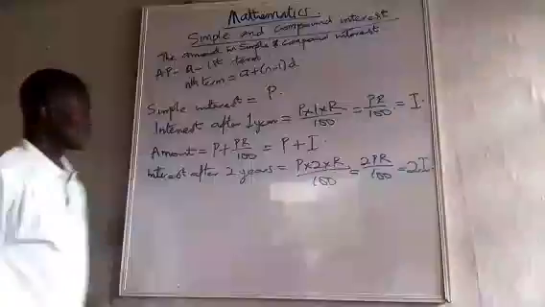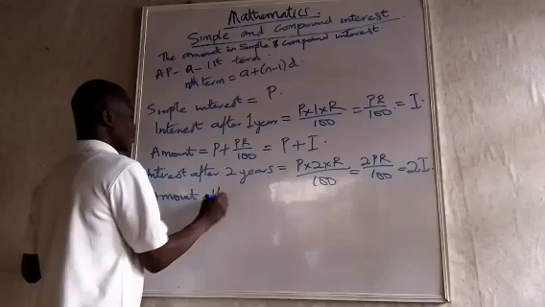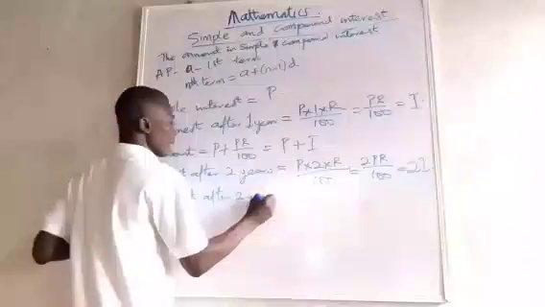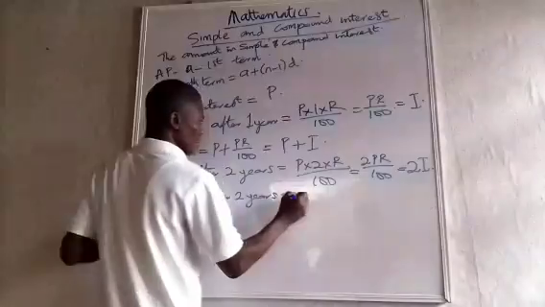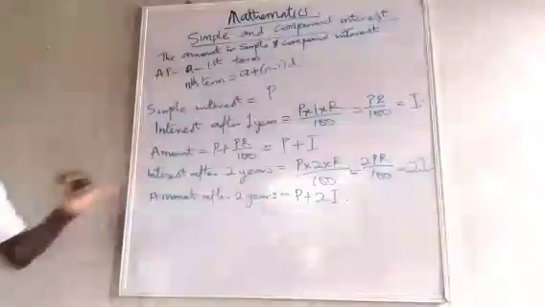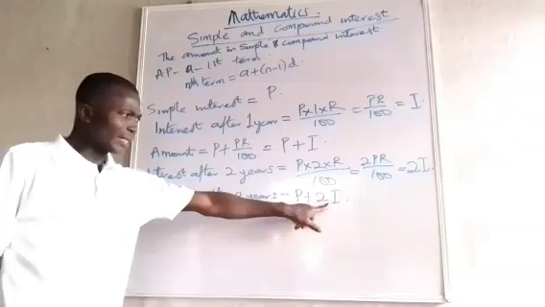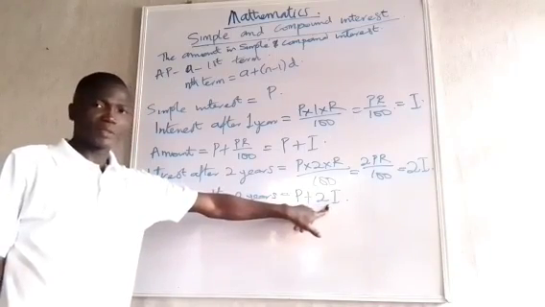You can see. So, the amount after 2 years is equal to P plus 2I. You can see now, which means that it will be increasing with constant difference of I.